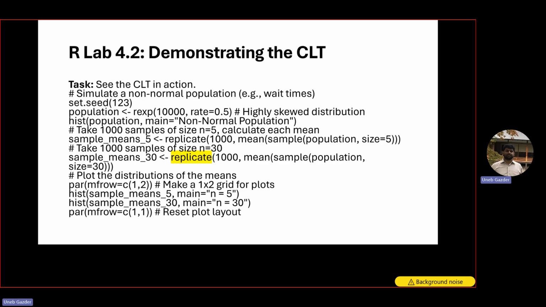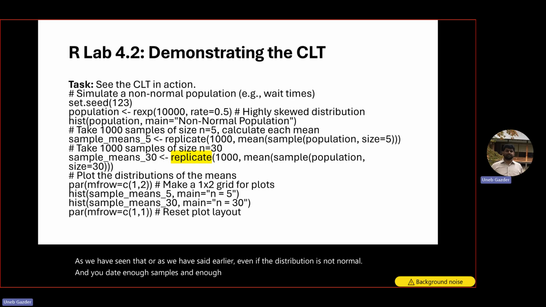Yeah, so now you can see the peak. And as we have said earlier, even if the distribution is not normal, and you take enough samples and enough sets, it starts to look like normal. Your initial population is an exponential distribution, not normal.